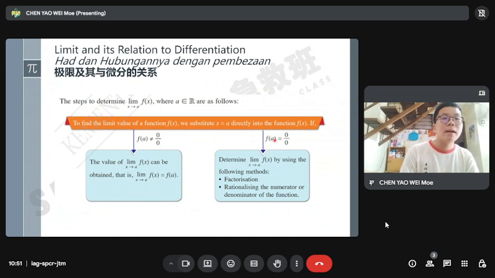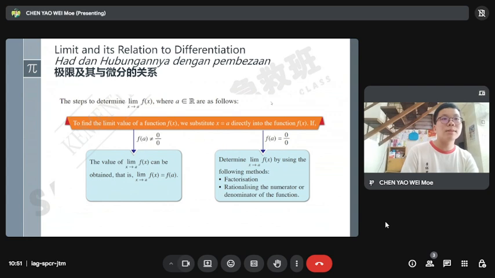But if f(a) equals 0 over 0, you can't calculate the answer, so you make f(x) simpler, either by factorization or by rationalizing the numerator or the denominator of the function. Okay, let's see one question.